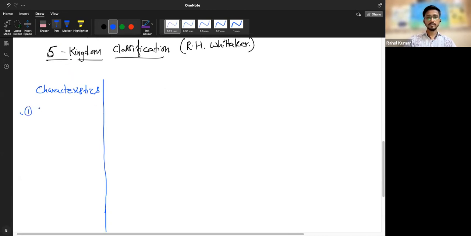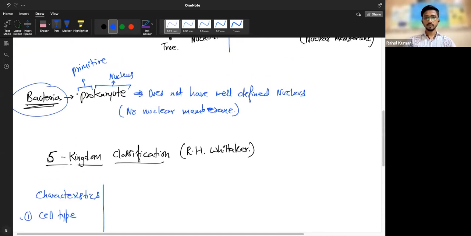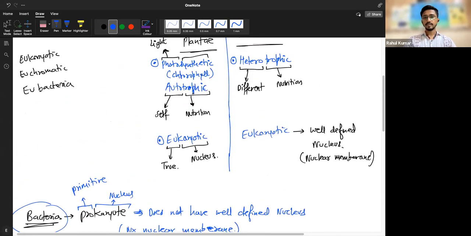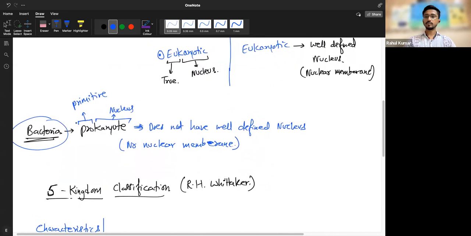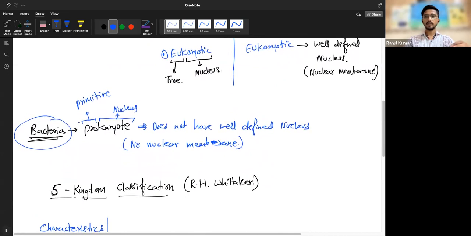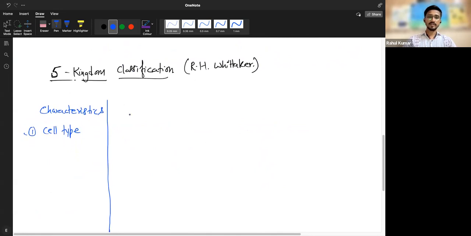The first characteristic he used was cell type, whether it is a prokaryote or a eukaryote, because the first problem that came in a 2-kingdom classification was that both of them were considered eukaryotic, and then you figured out something is prokaryotic and you had to include another kingdom. So starting with the first kingdom, Monera, which contains all the bacteria.